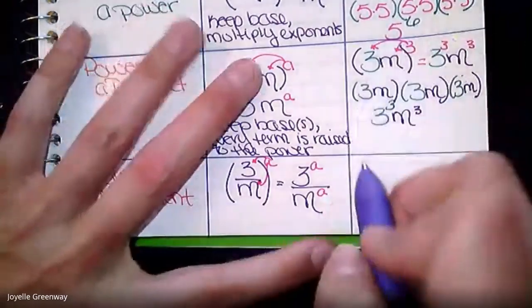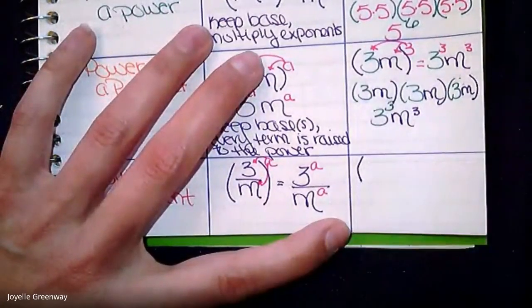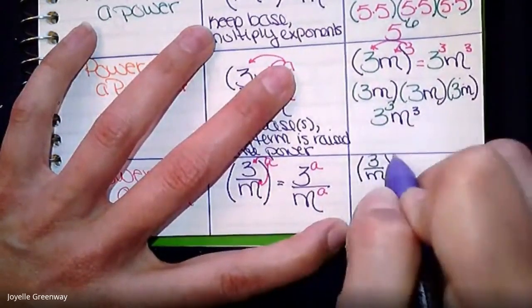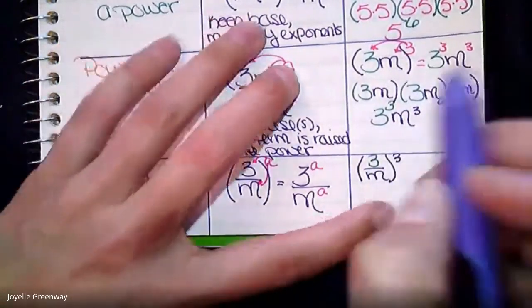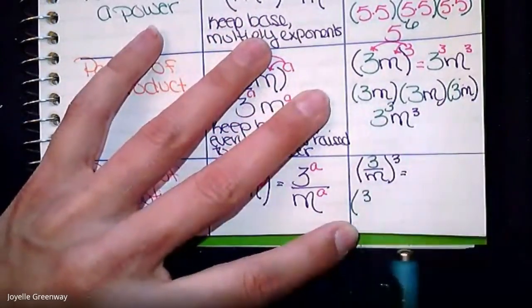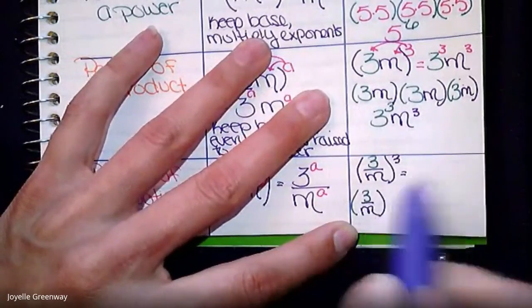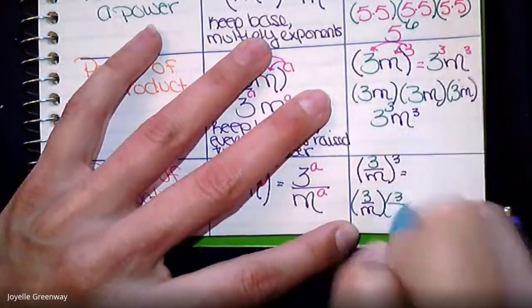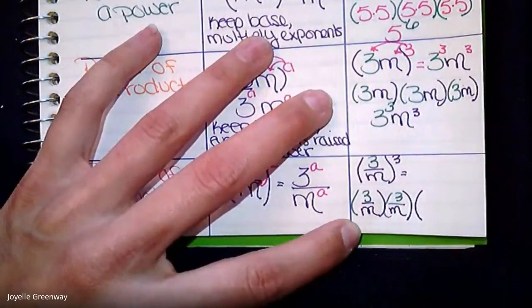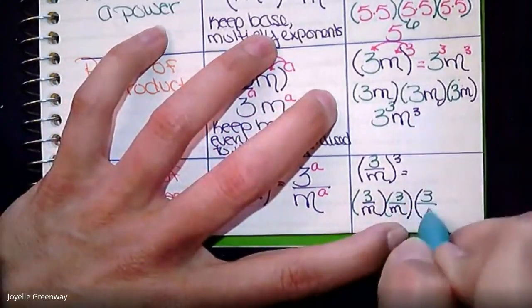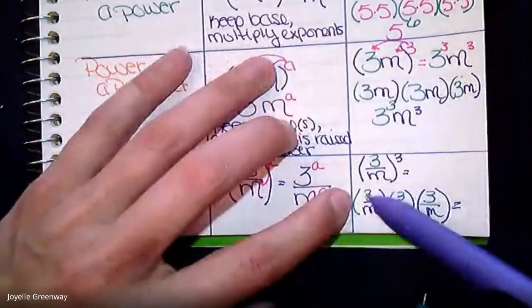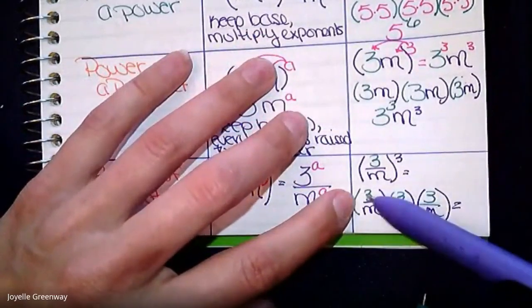So if we had 3 over m cubed, right? That's like 3 over m times 3 over m times 3 over m. So now, right, when you multiply fractions, you multiply across.